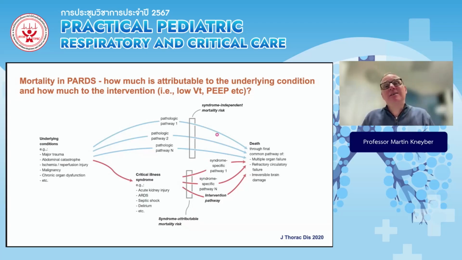But how much of the mortality is attributable to the underlying condition, so syndrome-independent mortality risk? So, for example, major trauma, malignancy. So the mortality of these conditions affect the total signal of mortality. So this is something that we really need to understand when we review the concept of mortality, for example, in clinical trials. Do patients die from PARDS, or do they die with PARDS?